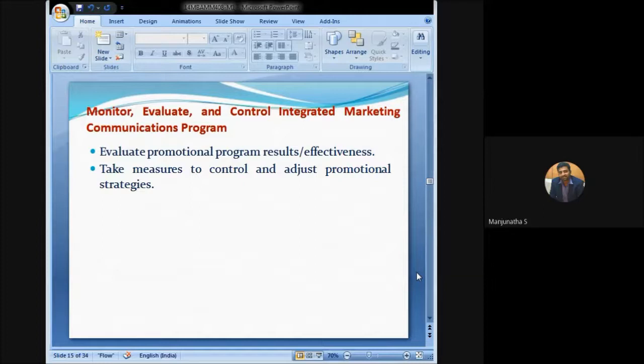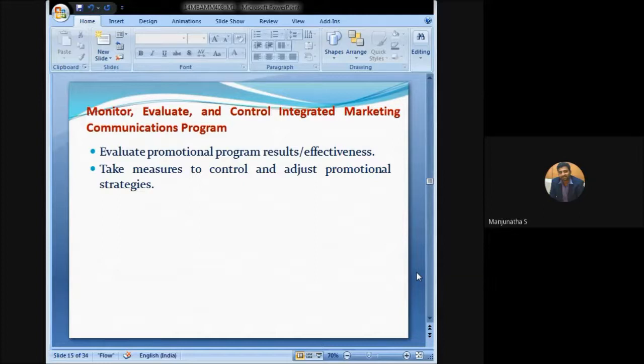Then take measures to control and adjust the promotional strategies if something is going wrong. There will definitely be a gap or issues in the execution or development of the IMC programs. Somewhere it is going wrong. It may be the objectives, the budget, the media planning, or the strategy planning.